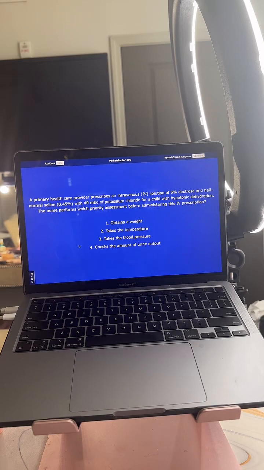The nurse performs which priority assessment before administering this IV prescription? 1, obtains a weight. 2, takes the temp. 3, takes the blood pressure. Or 4, checks the amount of urine output. Remember to say your answer and then tell me why. What's your rationale?